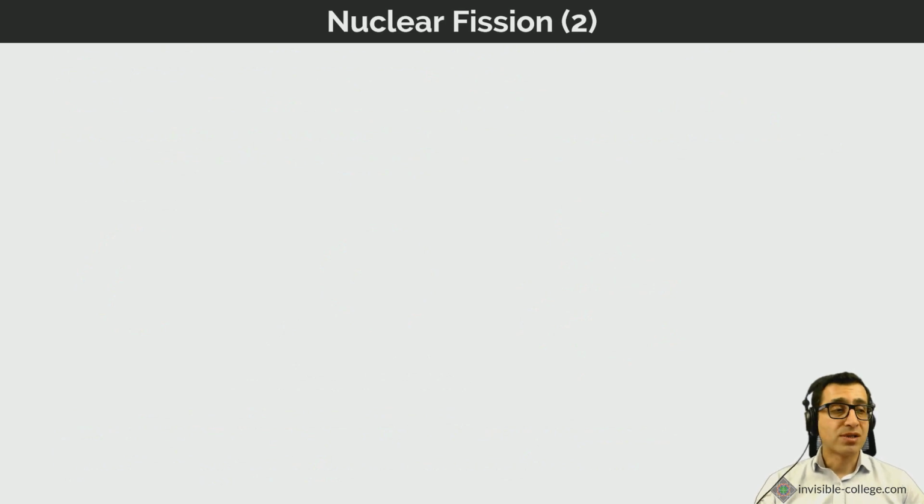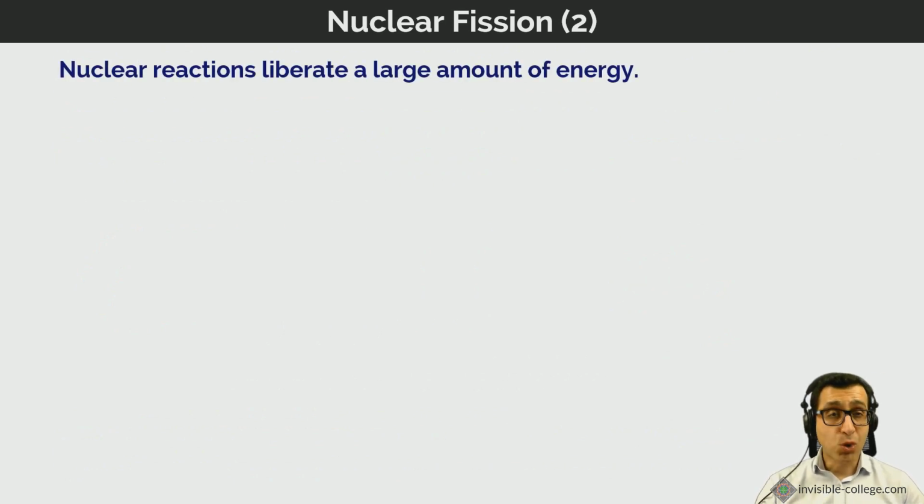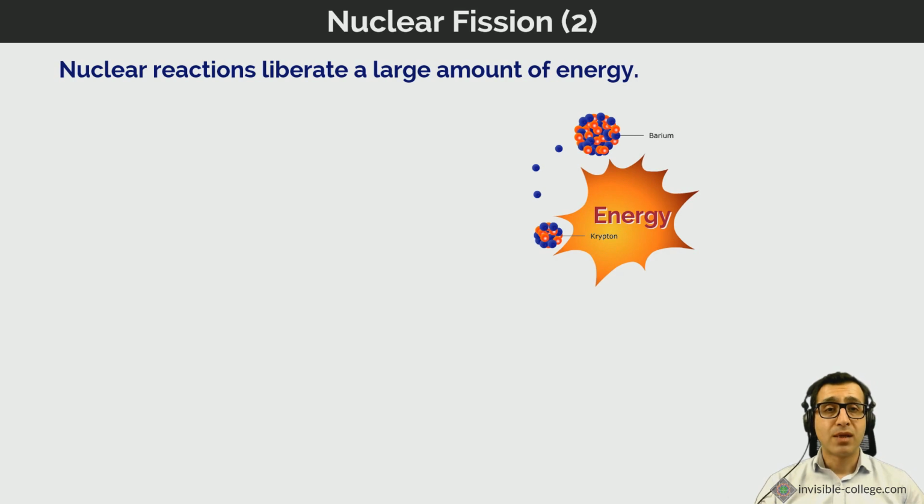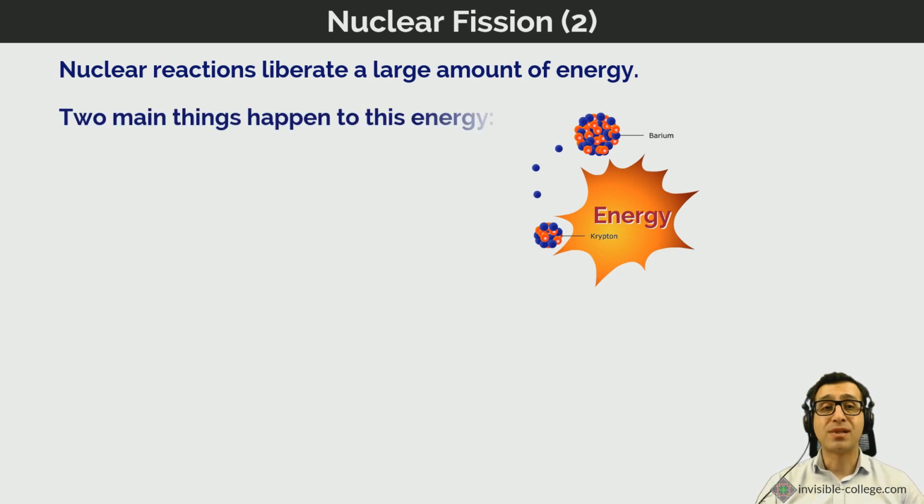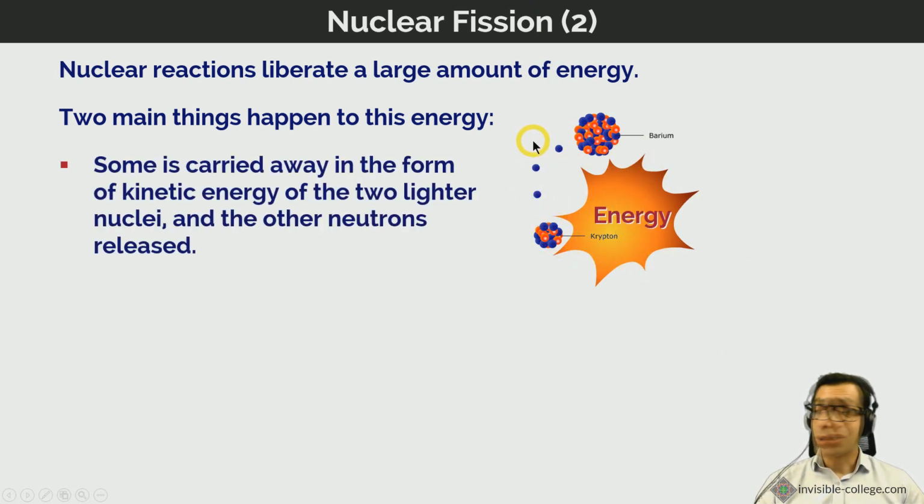So, nuclear reactions tend to liberate and release large quantities of energy. Now, 2 main things will happen to this energy. Some of it is carried away in the form of kinetic energy of the 2 lighter nuclei because these go whizzing off away from that event. But also, some of the energy is carried as the kinetic energies of the neutrons which are released by this process as well.